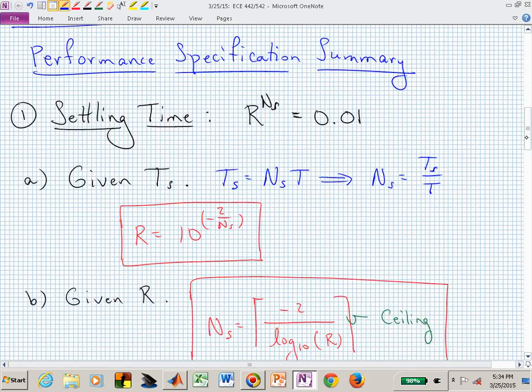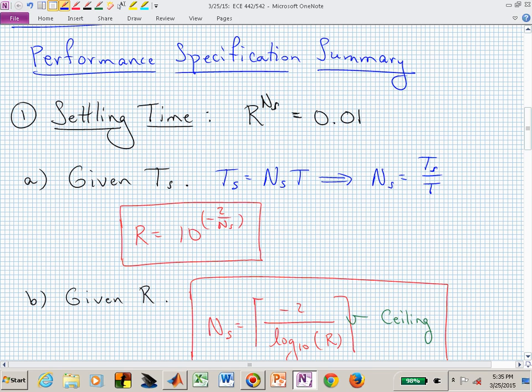Let's then quickly summarize these three different performance specifications. We have the first one, let's say, is the settling time, where R is our radial distance of the dominant poles. N sub s is the number of sample periods, and that's derived by saying x at time N sub s needs to be 1% of where we started.